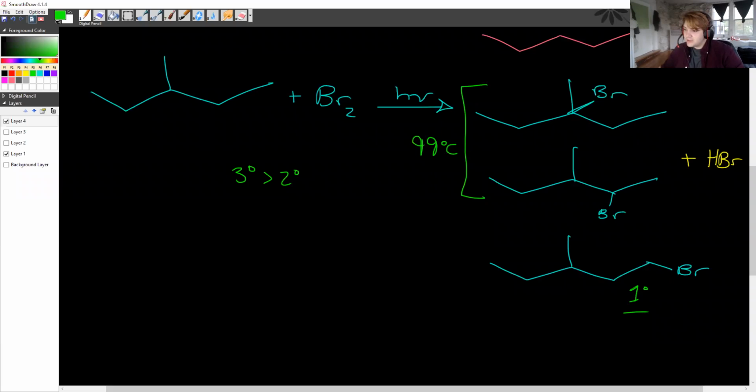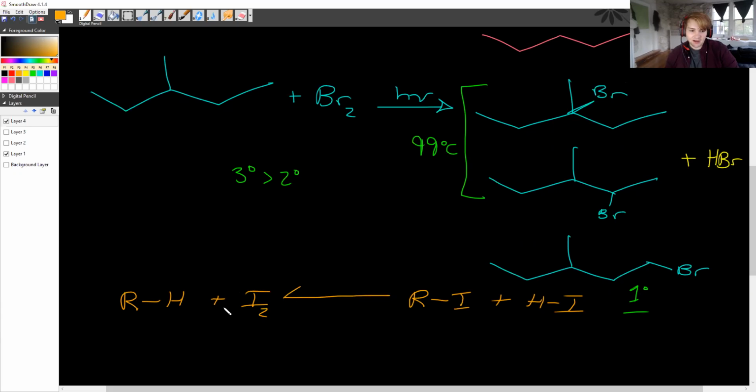And the reason why we can't do iodine is that if we look at the equilibrium between forming the R-I bond and the H-I bond, it so wildly favors the unreacted products over the reacted products that as soon as you form this, it immediately goes back.